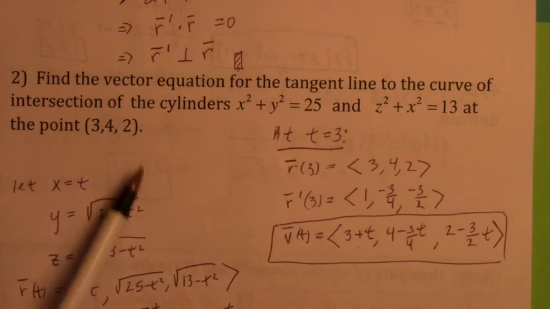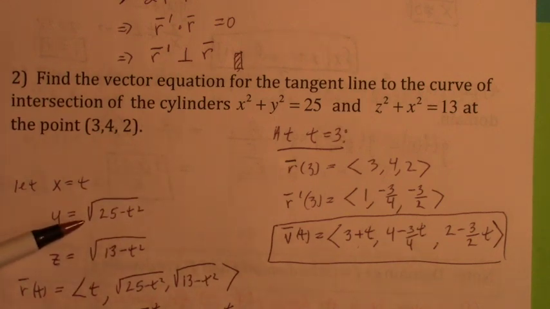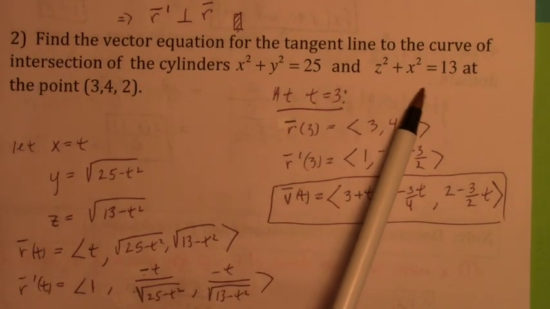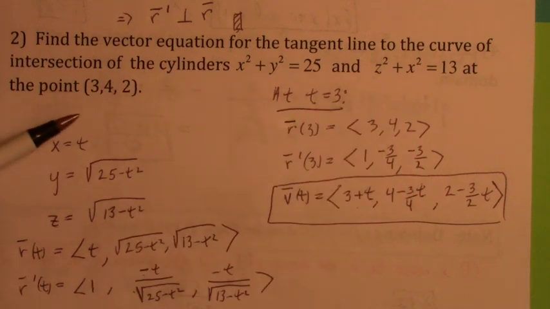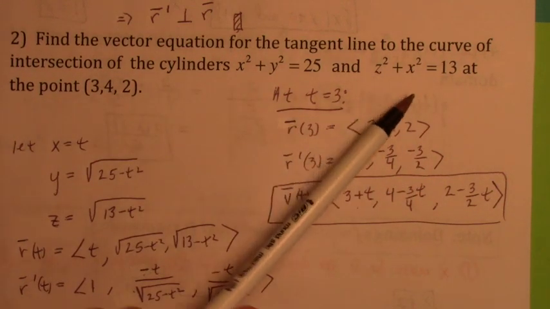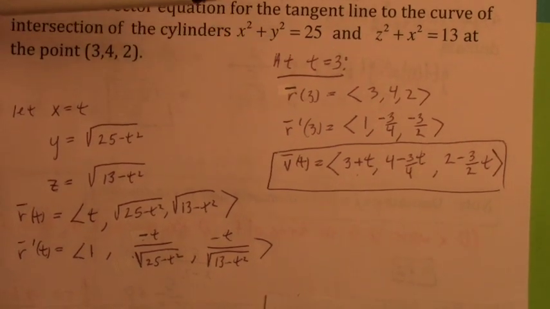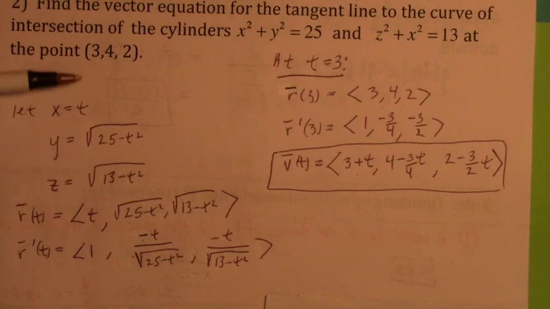Since we're in the first octant, y can be written as the positive square root. Similarly, if x equals t and you solve for z, z is plus or minus the square root of 13 minus x squared, but since we're in the first octant, z is positive, so you can just look at the positive square root. So this parameterization is valid near this point in the first octant, okay?